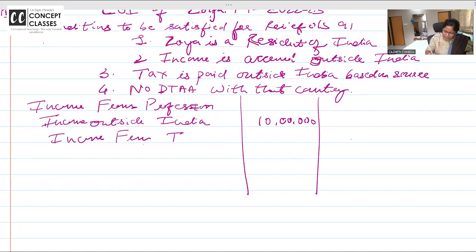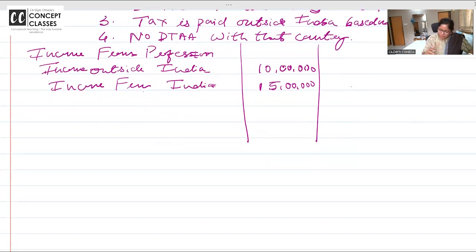Income from India, how much is it? 15 lakhs. Any other income from other sources, capital gain? Nothing. So 25 lakhs is the income from profession, and that is the same as gross total income.